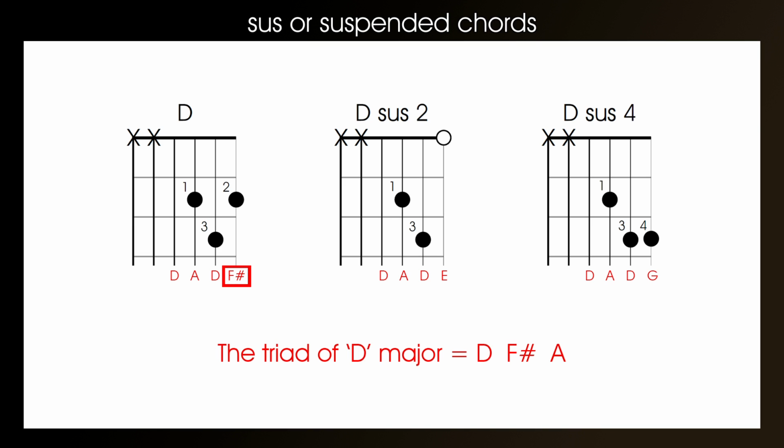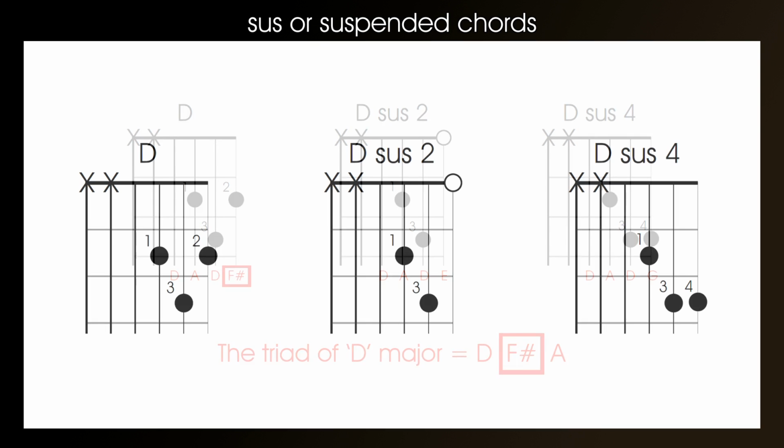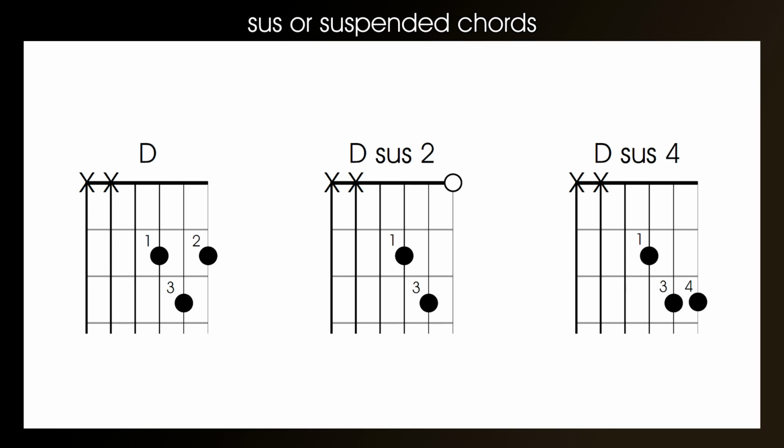And this is an essential part of the D major chord because it's the 3rd, or the middle note in the triad. So with both of these sus chords, the middle note of the triad, which is the 3rd note of the scale, is removed, and this is what makes it a sus chord. And all sus chords are the same, in that the 3rd note of the scale, which is an essential part of the triad, isn't played.